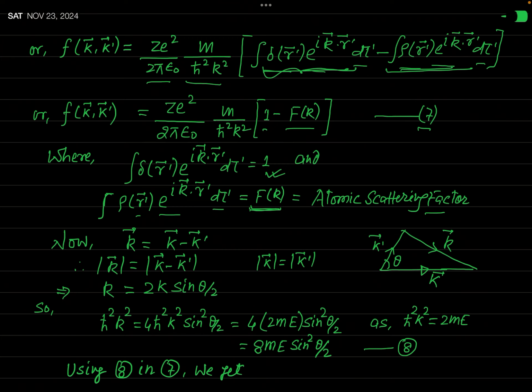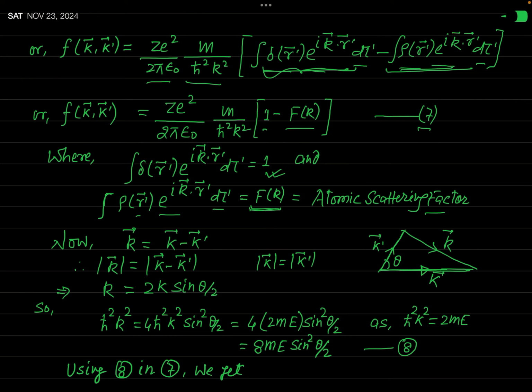Now, let us see. You have seen that this k is what? This is the wave vector of the incident beam or the projectile. And k dash is the wave vector of the scattered beam.